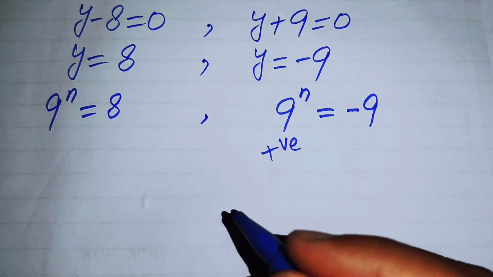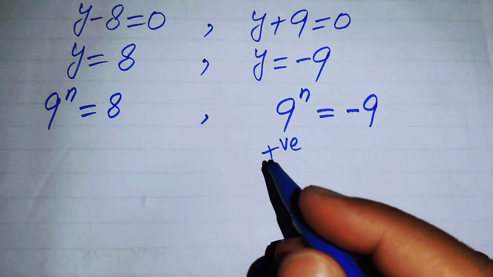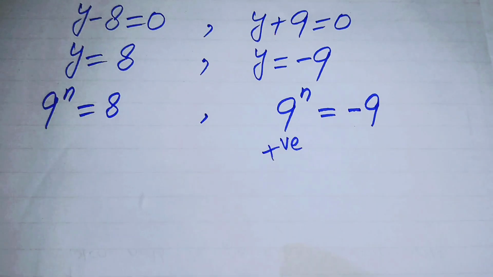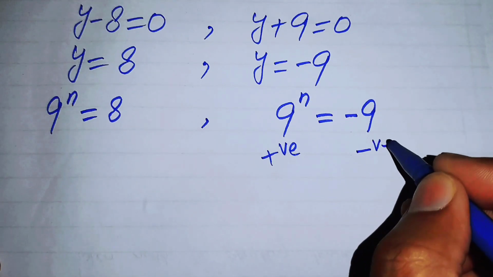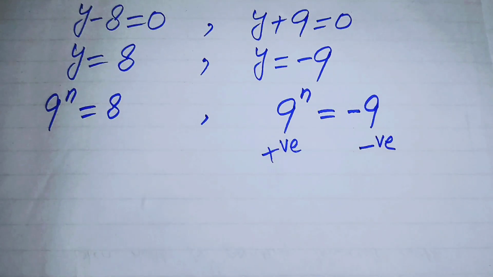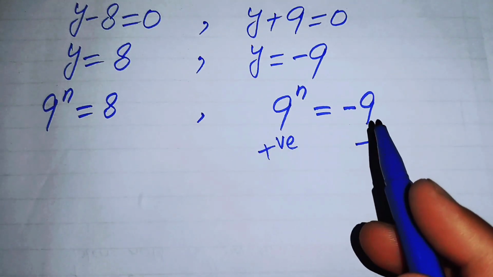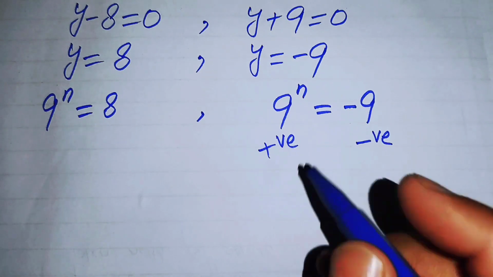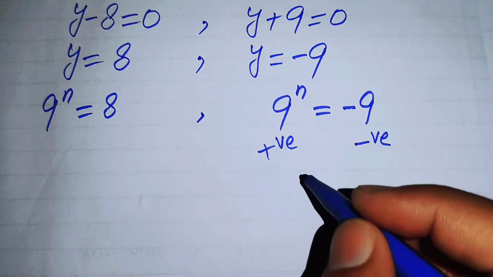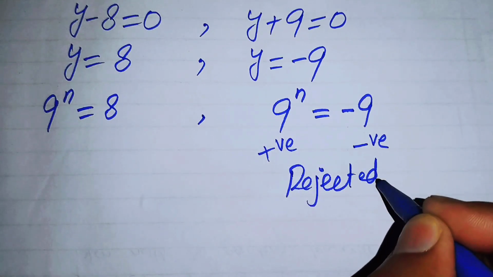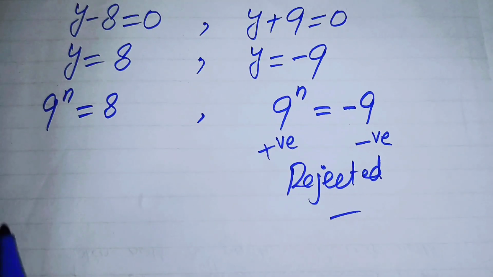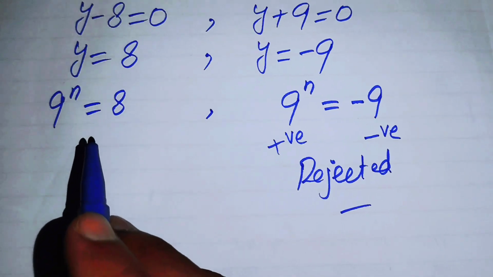If the right hand side is a negative value, it is not possible for an exponential function to equal some negative value, so we reject this case and proceed with case 1 only.